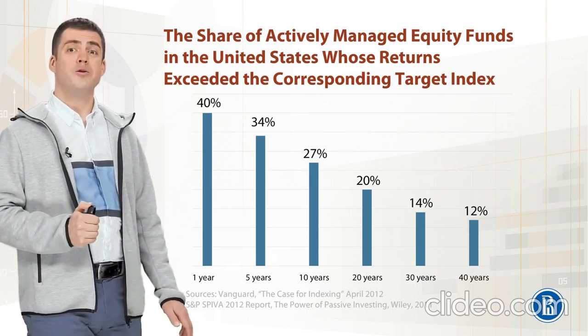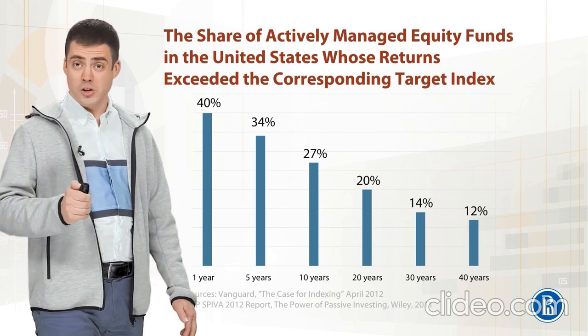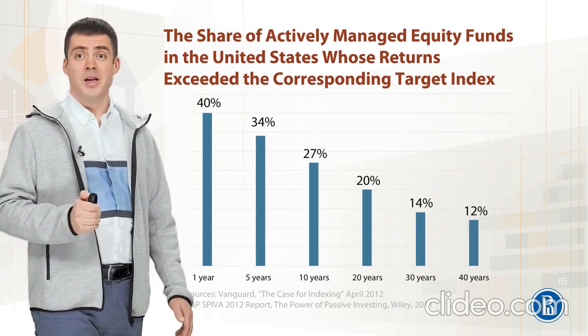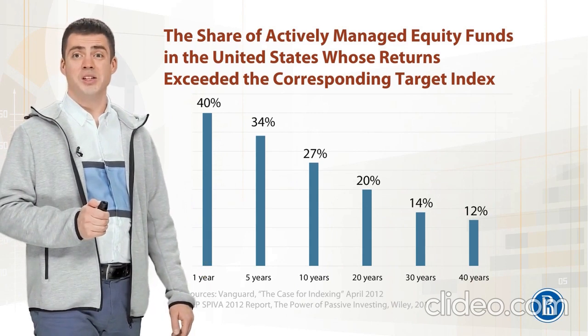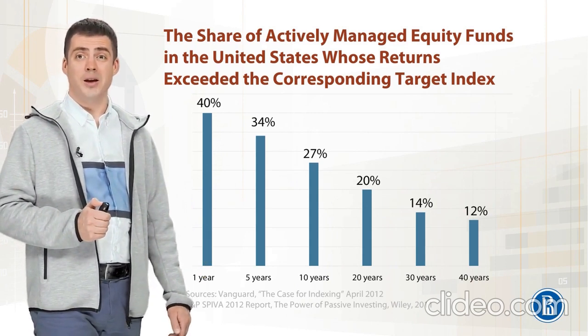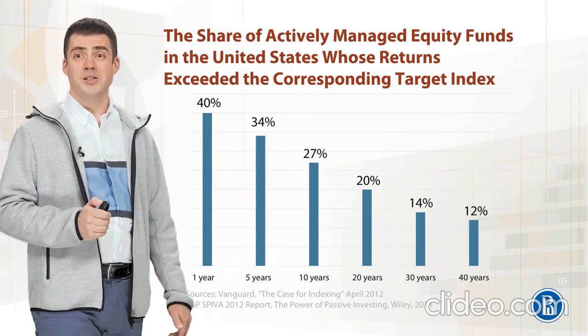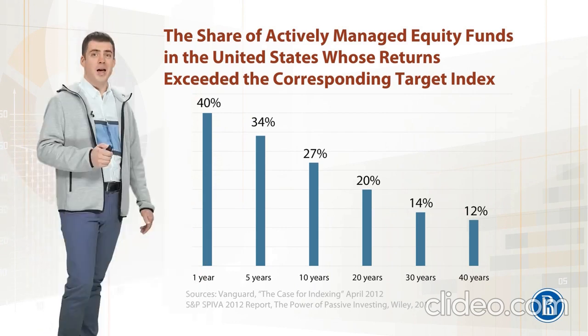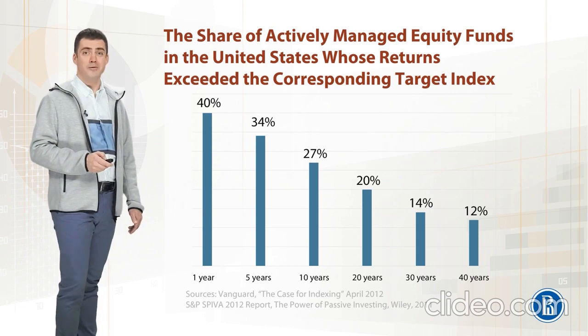Even though about 40% of the actively managed funds managed to beat the market at the horizon of 1 year, only 12% succeeded at the horizon of 40 years, which means that the S&P 500 is indeed a very tough rival, and sometimes it's better to stick to passive portfolio management rather than to seek alpha.